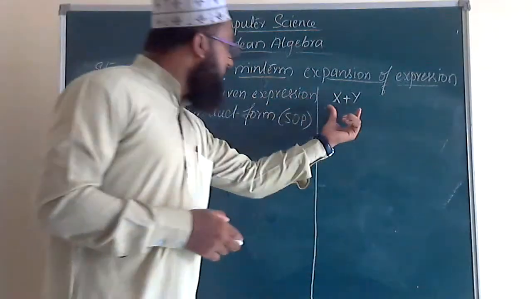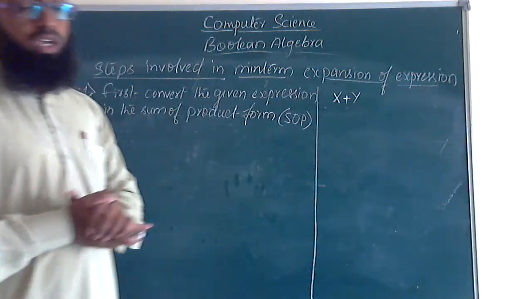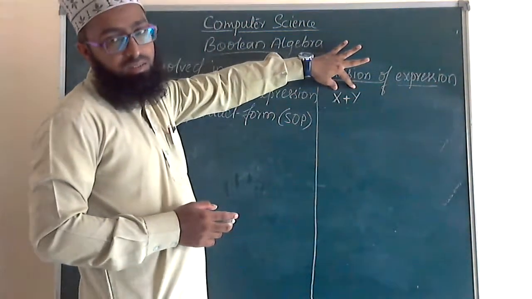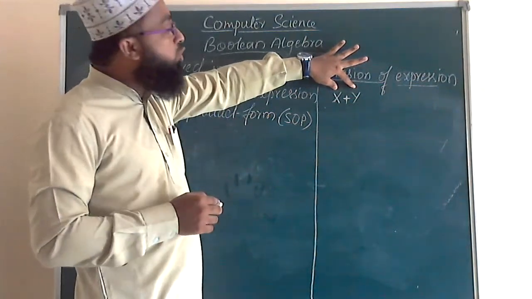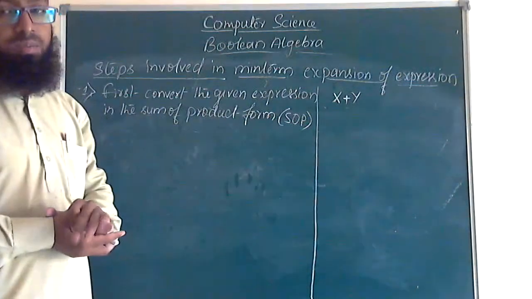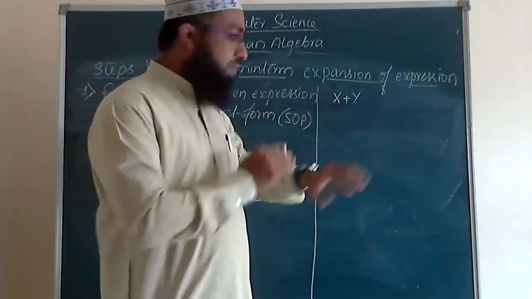How can we convert this given expression into sum of product form? First we have to see how many variables are there here. Here there are two variables, x and y.